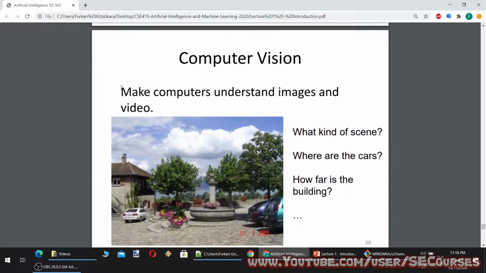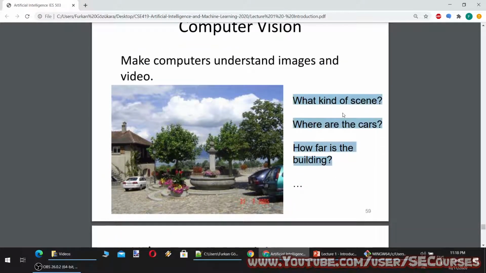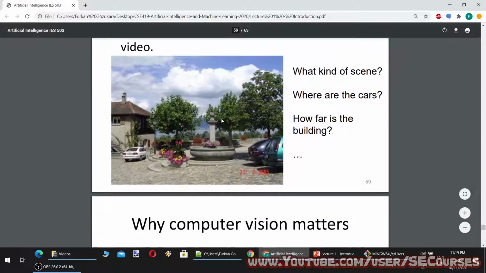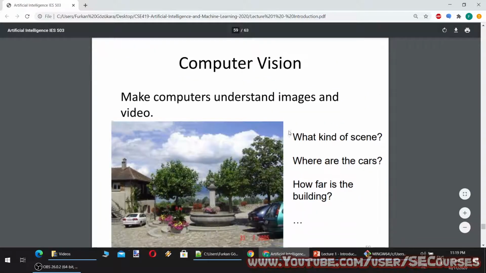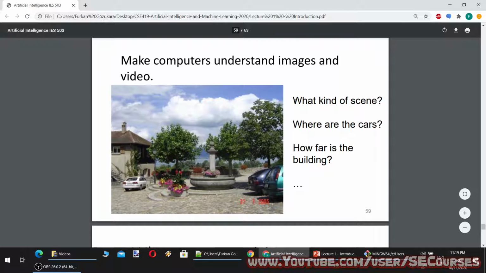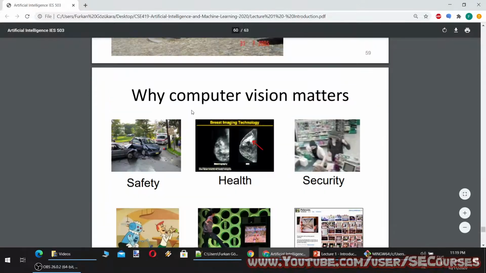Okay, computer vision. Make computers understand images and video. For example, what kind of sky? What kind of scene? Where are the cars? How far is the building? So a computer vision system should be able to understand and answer each of these questions.